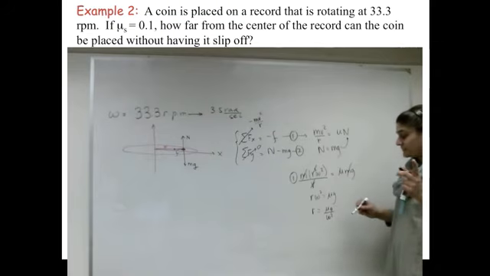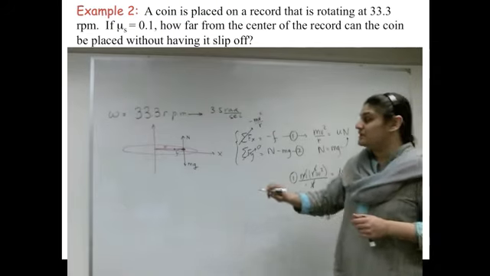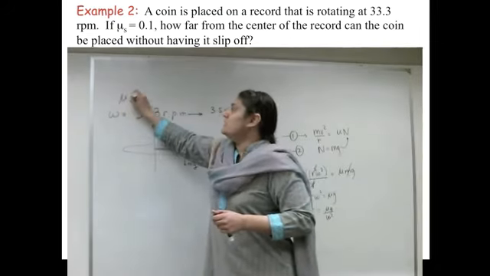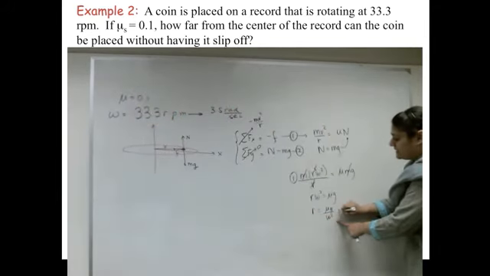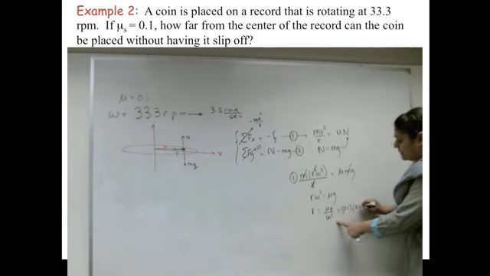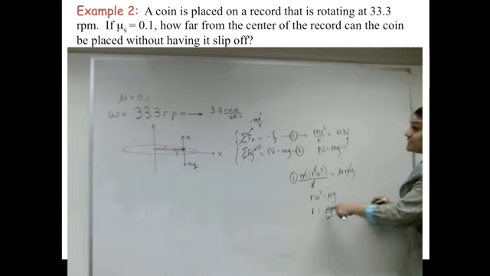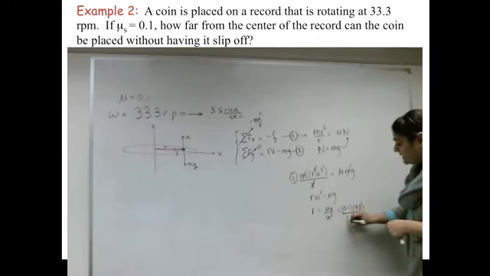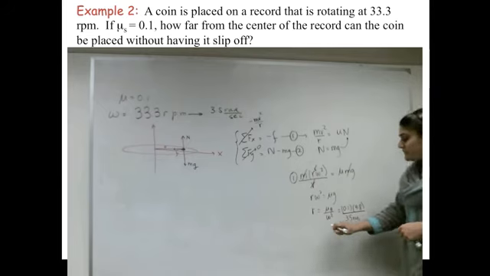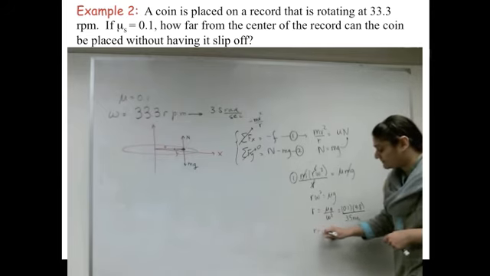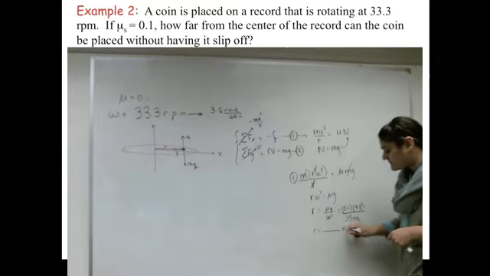This question gives me mu equals 0.1. I can plug that in here. It's 0.1 times g, which is 9.8, divided by omega squared, where omega was 3.5 radians per second, right? Plug all of these numbers in, come up with an r in meters.